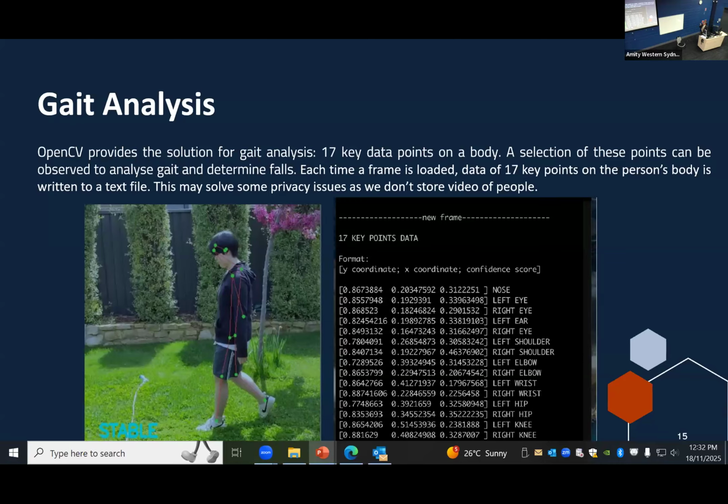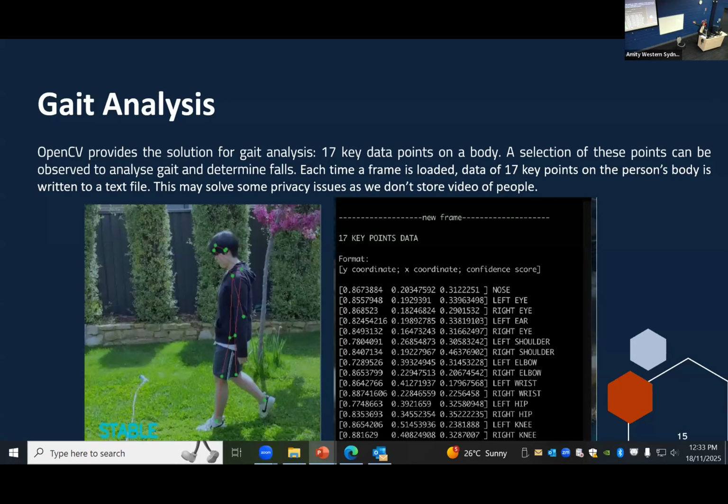And this project was on how can we improve the privacy of the person? So what we are interested in are those points of the body to predict the falls and the movements and the gait changes, etc. We don't actually need to store the video of the person.